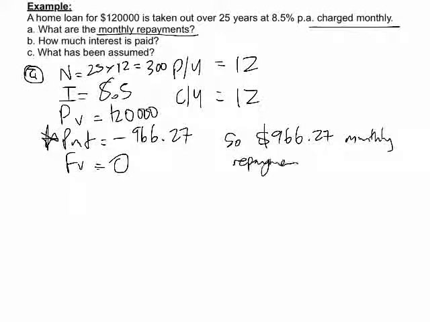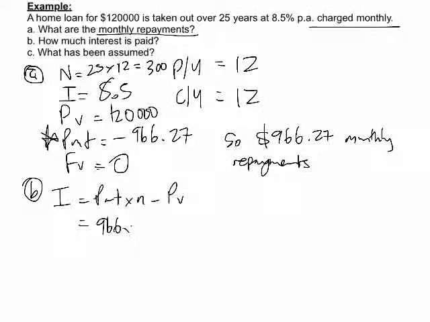How much interest is paid? Well, we've shown you this formula already. I is PMT times by N minus the amount borrowed, the principal. 966.27 times by 300 payments. Take away what we borrowed, 120,000.